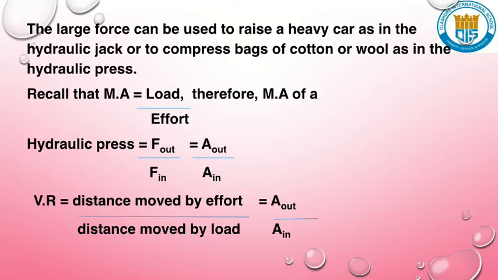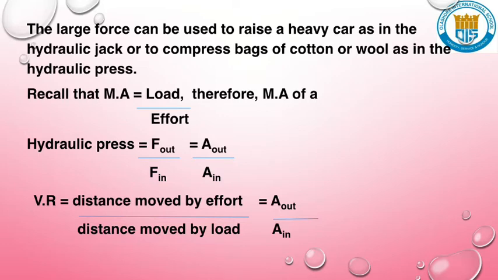So if mechanical advantage is load over effort, and we said that the load is the output force, effort is the input force, going back to the formula for pressure in a hydraulic press, that will give us output area divided by input area.